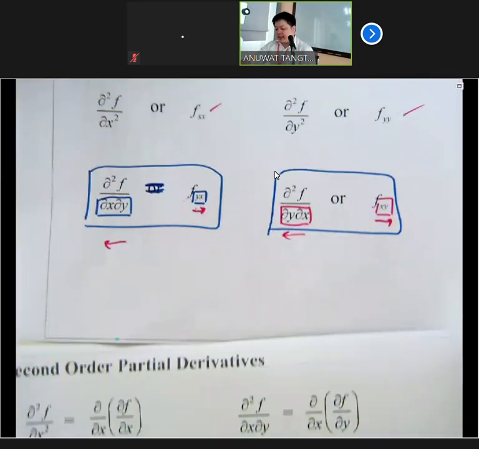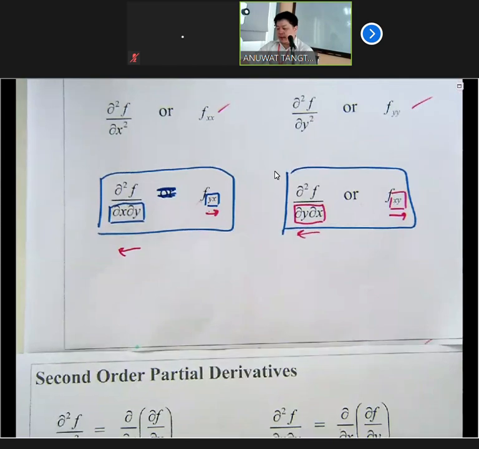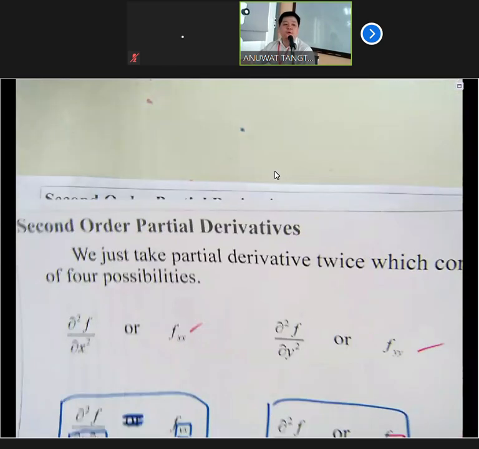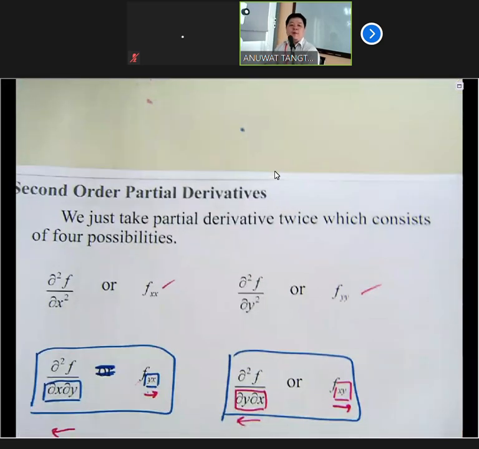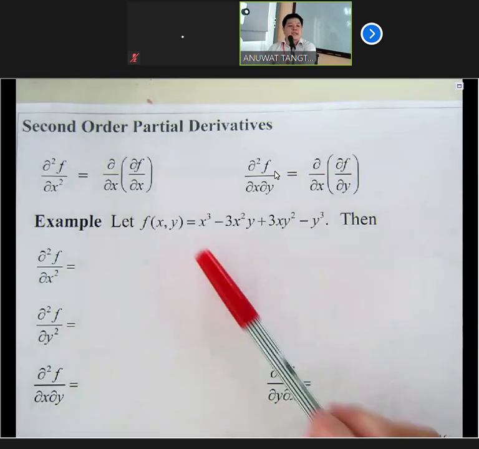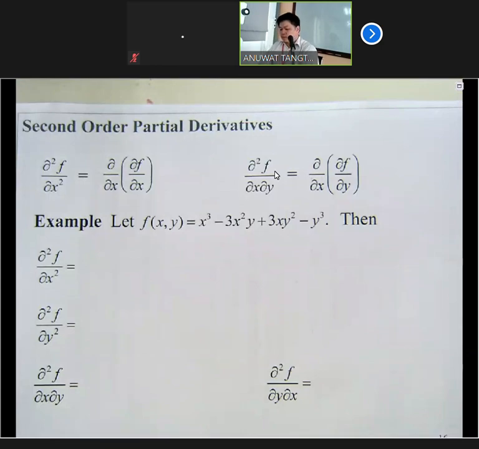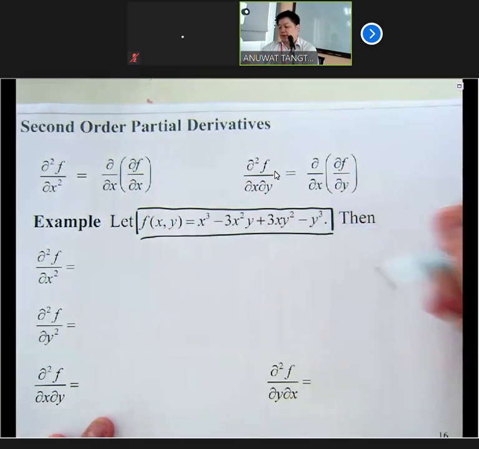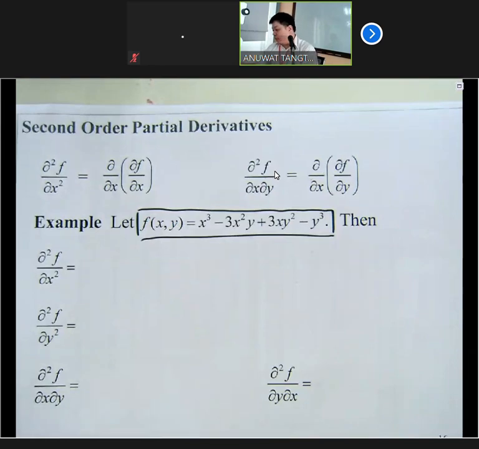Now let's look at some example here. In this example, the function is given. For this given function, we have found df by dx and df by dy before.